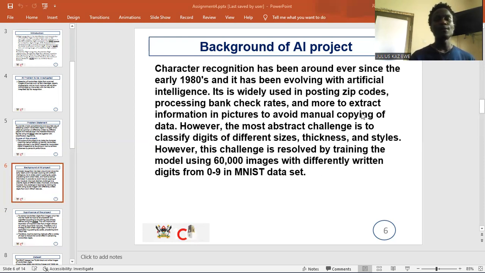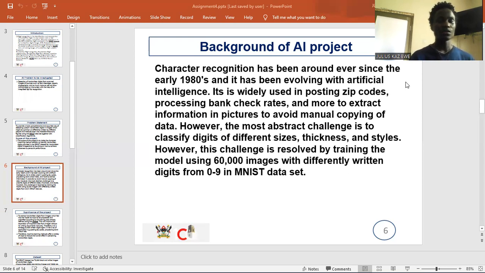Handwritten recognition systems are applied in processing bank checks, in sorting zip codes, and in more applications where we need to extract data from a document. Character recognition has been appreciated and has been growing ever since.